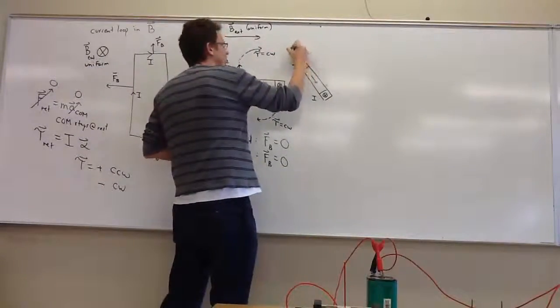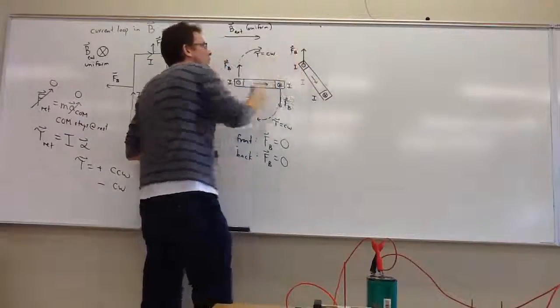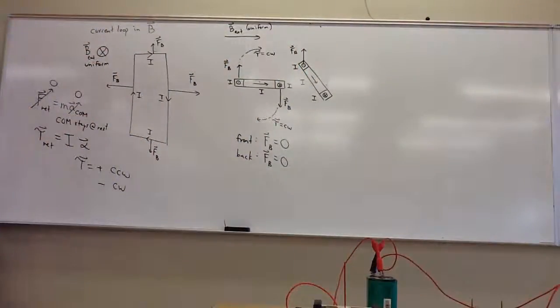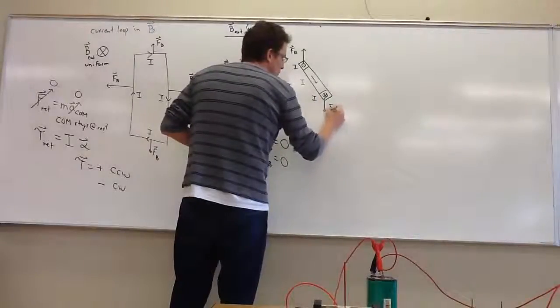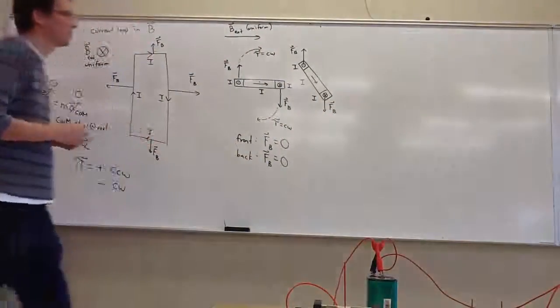It's still like this. If that bothers you, just isolate that one current and you'll see it's the same exact thing as before. It hasn't changed. That current is still coming out of the page. Likewise over here, that force is still downward.